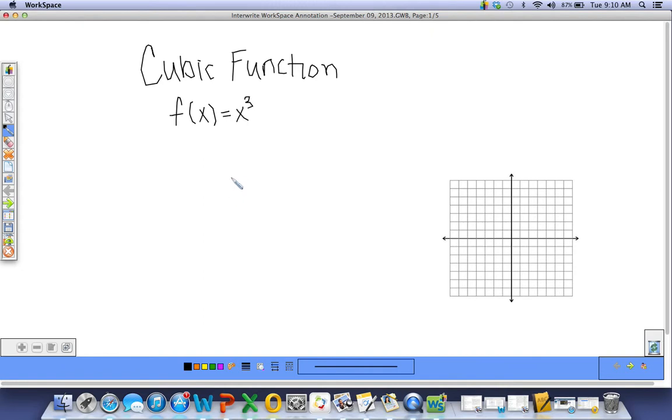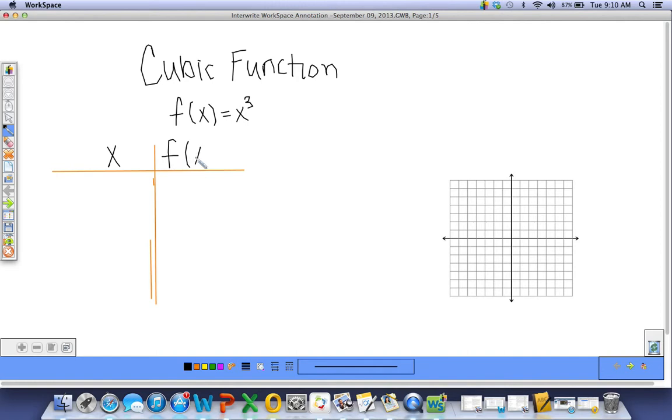So let's take a minute and graph what the parent function looks like. So once again, we are going to make a chart.